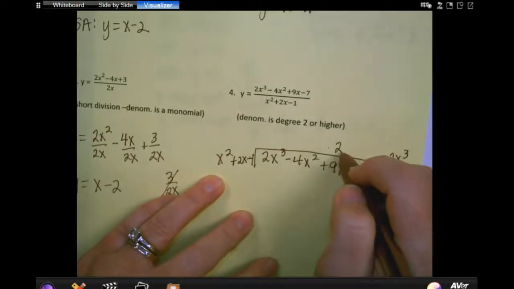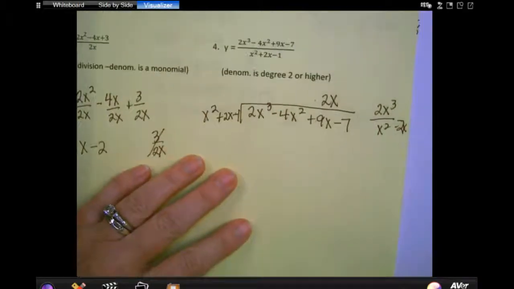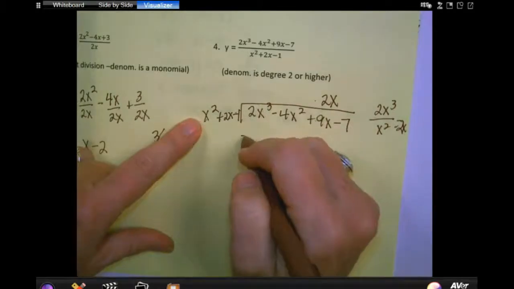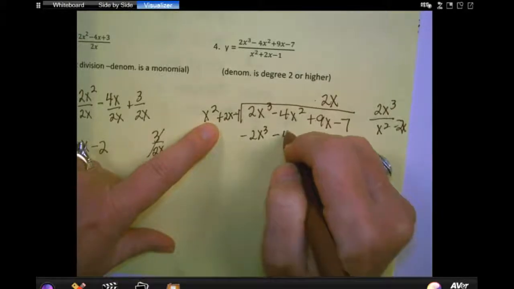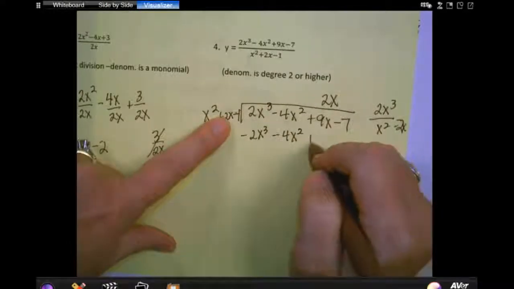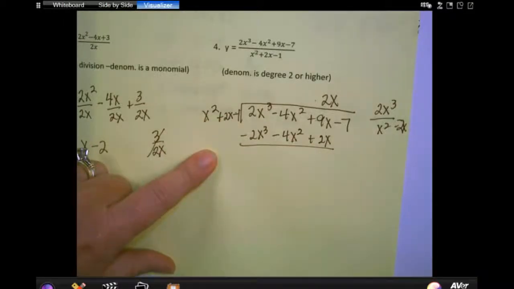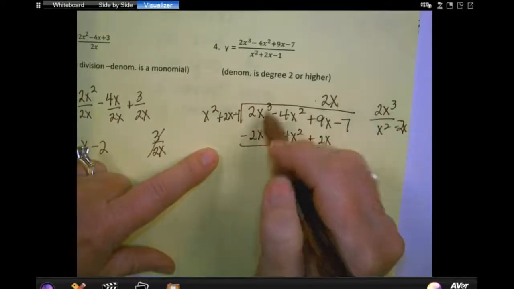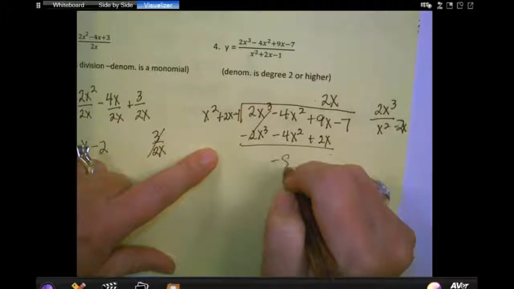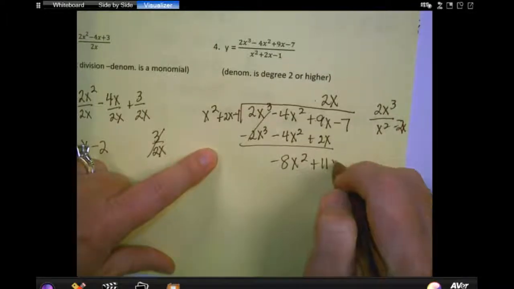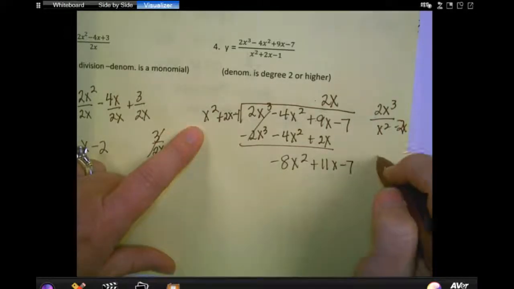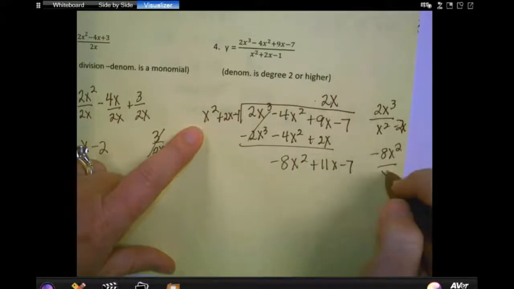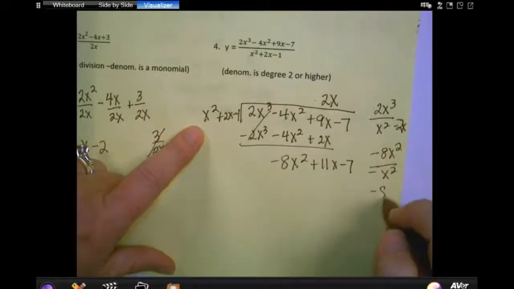So the 2x goes here. So this cancels, and when I subtract, I get minus 8x squared plus 11x minus 7. So I take the first term divided by the x squared. This is -8.